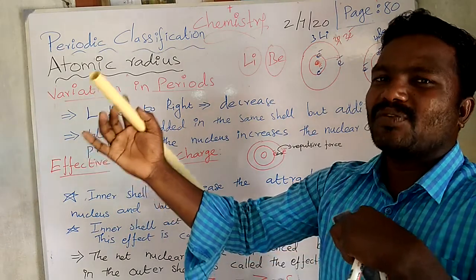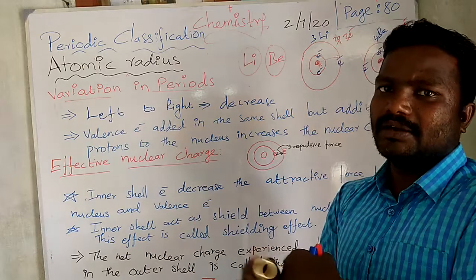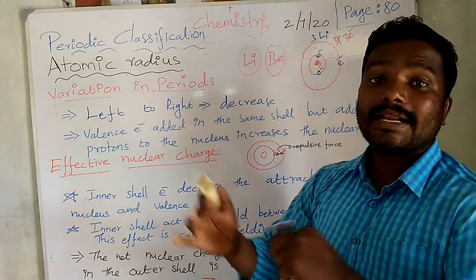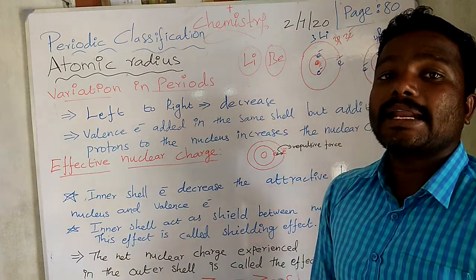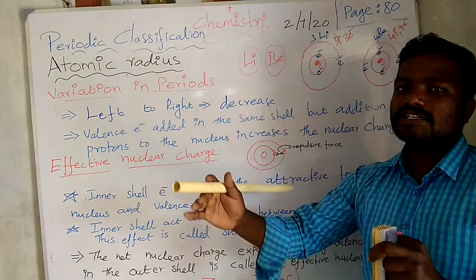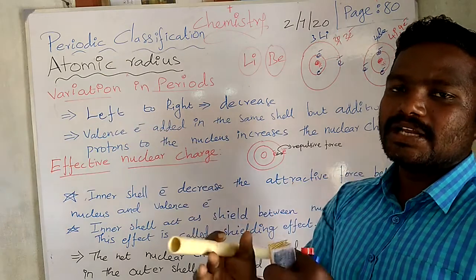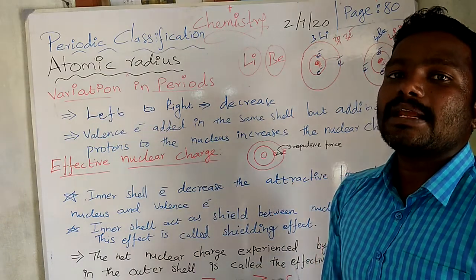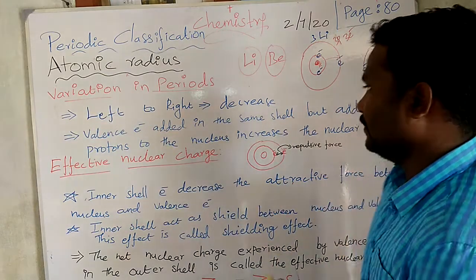So because of high force of attraction, size decreases. The attractive force is also called electrostatic force. What is another name of this nuclear charge and outermost cell attraction? Electrostatic force of attraction, right?